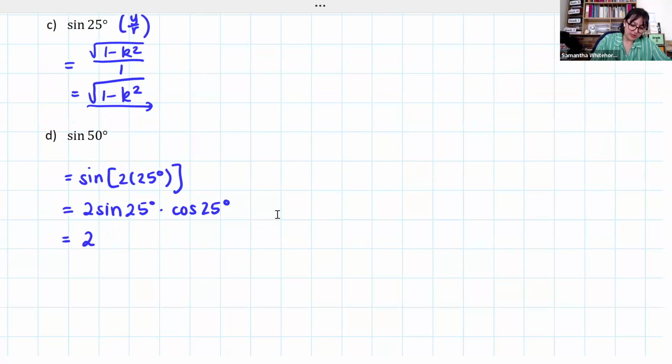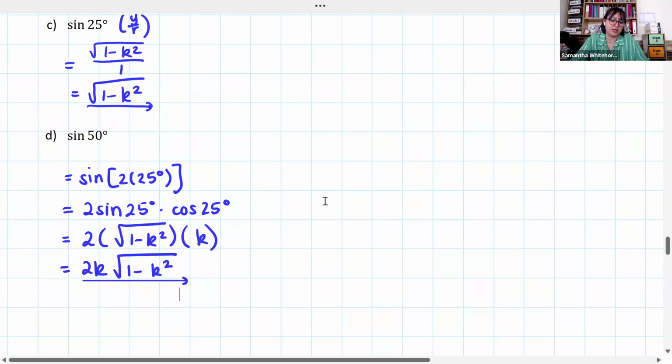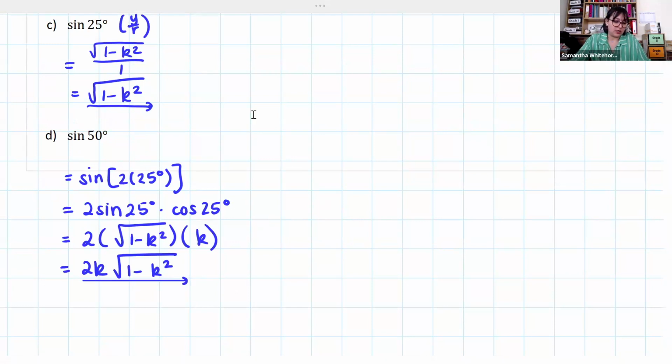You've just worked out that sine 25 is root 1 minus k squared. And you know that cos 25 is k. So if you simplify all of this down, it's 2k root 1 minus k squared. Not a very nice looking answer, but also not hard to get to. And the reason it's not hard to get to is because you had all of the information already. You just had to go and substitute in to find what you wanted.